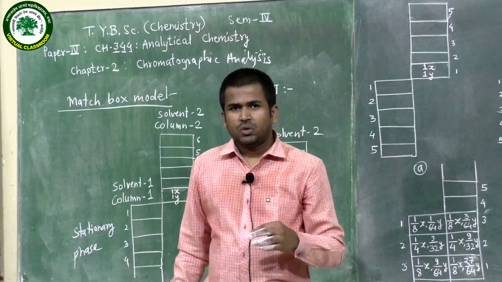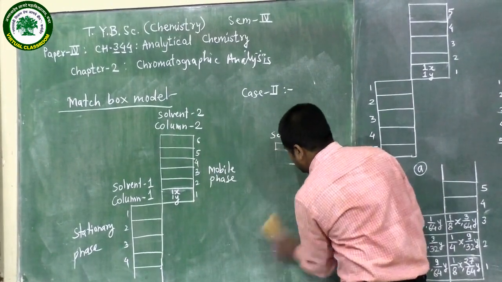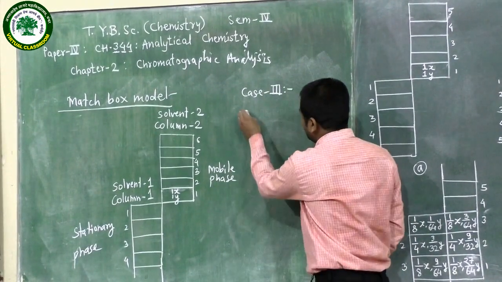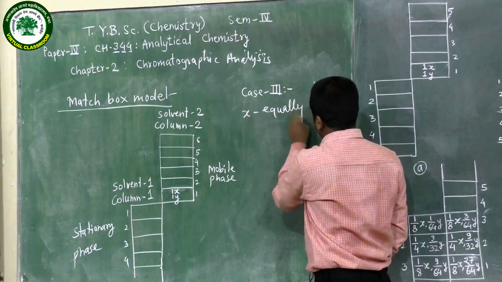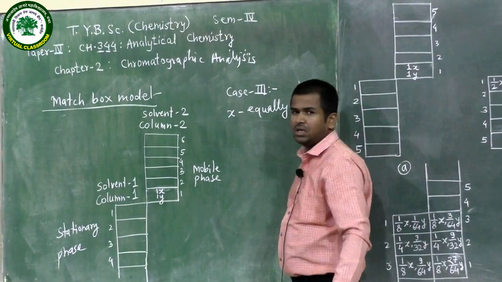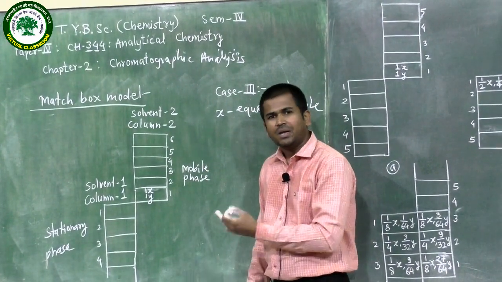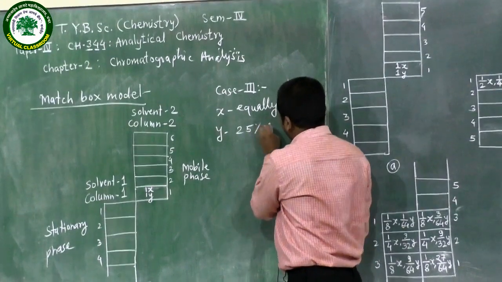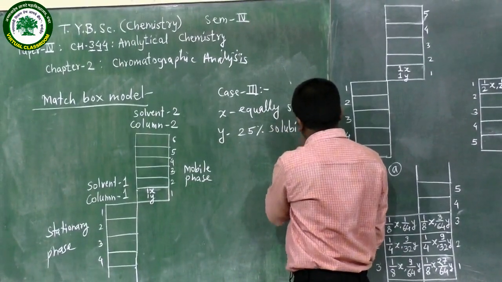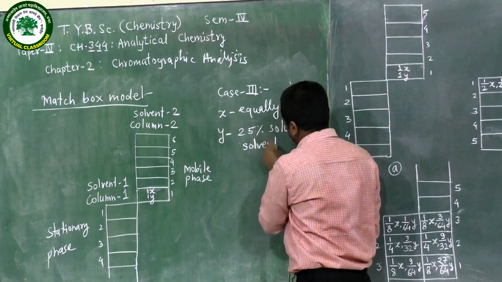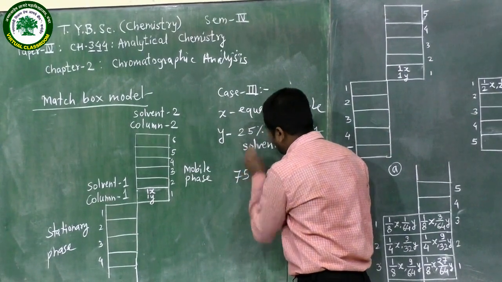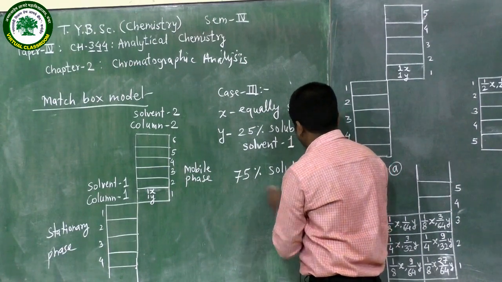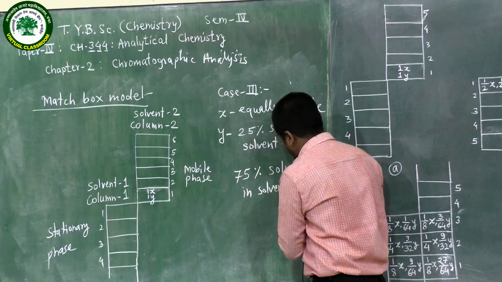And now we move towards the third case, in which x is equally soluble in solvent 1 and solvent 2, that is, it is 50-50% soluble in solvent 1 and solvent 2, and the component y has 25% solubility in solvent 1 and 75% solubility in solvent 2.